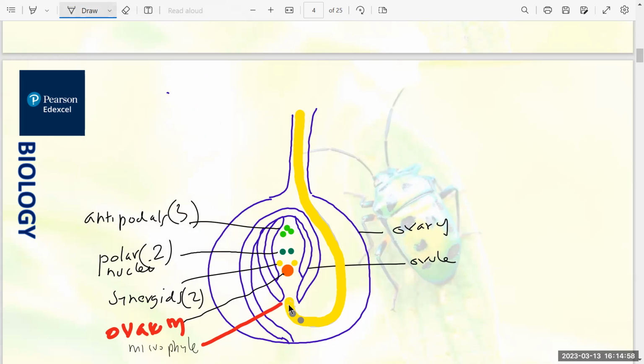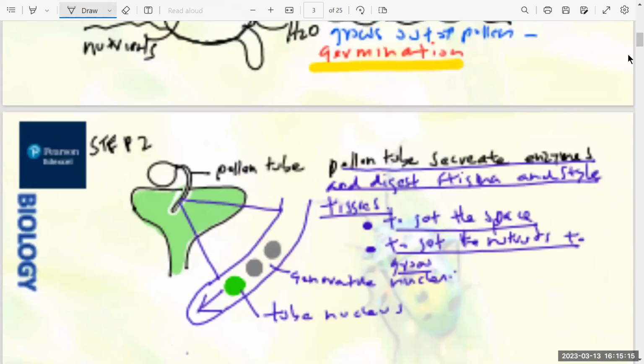So we don't see the tube nucleus, it's a breakdown. So only we can see two generative nuclei. So this is step 3.